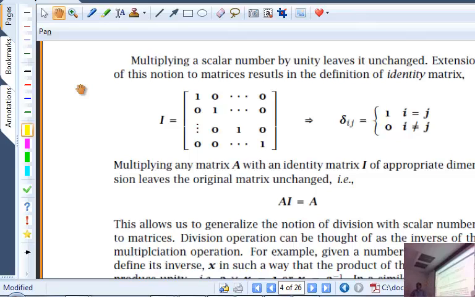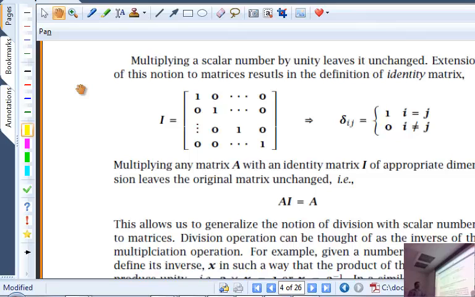Why would we want to do that? We want to now explore the inverse operation of multiplication, which is the division in a number system, right? So here I'm defining I in such a way that AI is the same as A. Okay, it's like any number multiplied by 1 is the same number. So in the matrix world, the identity matrix plays the same role as 1.